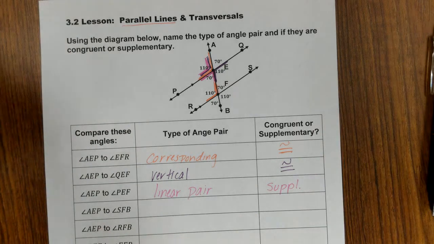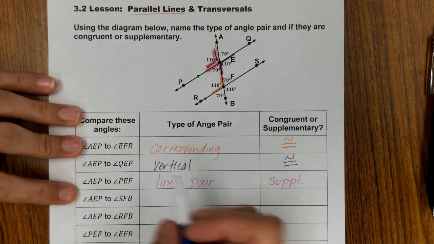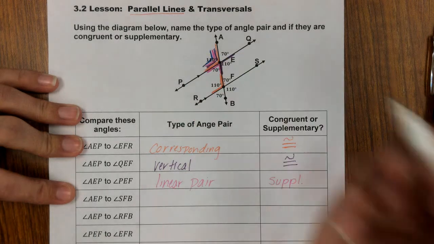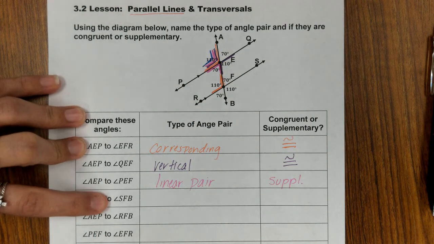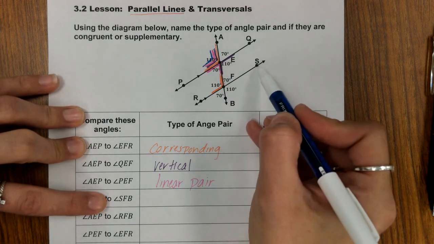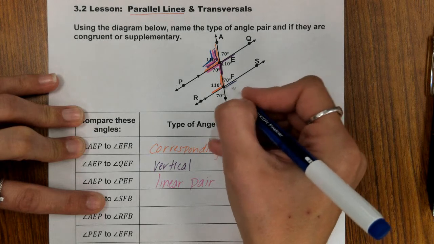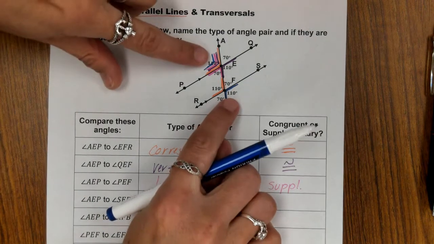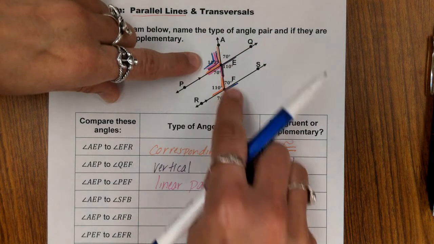This is the last one I'm going to do with you, and you will do the rest of them. Okay? But we're looking at AEP again. So we're still looking at this angle right here, the one that's 110 degrees. We're comparing it to angle SFB. So we find S, we go to F, and we go to B. So we're looking at this angle right here. We're going to notice that they are on opposite sides or alternate sides of our transversal.